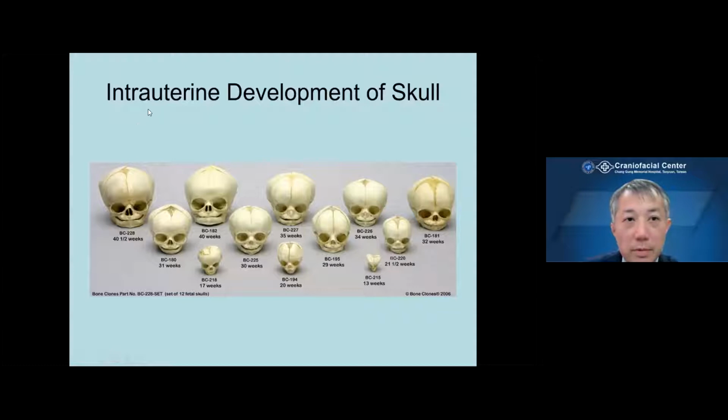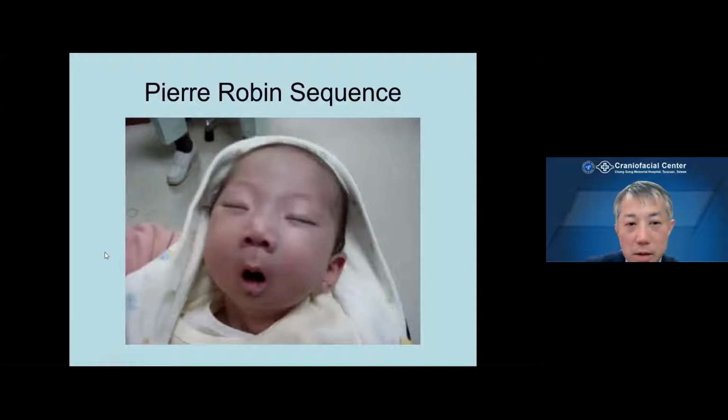When we look back at the intrauterine development of the skull, we can see it growing from the very small one to a bigger one. So if anything goes wrong during the intrauterine growth, the patient could have OSA at the very beginning of life, or even during the daytime they could have some difficulty in breathing.